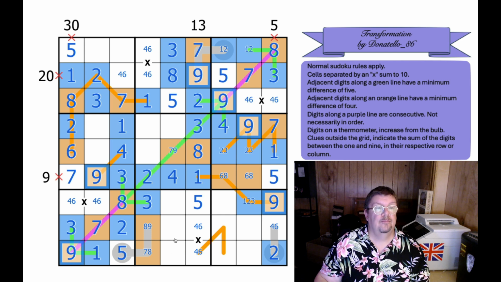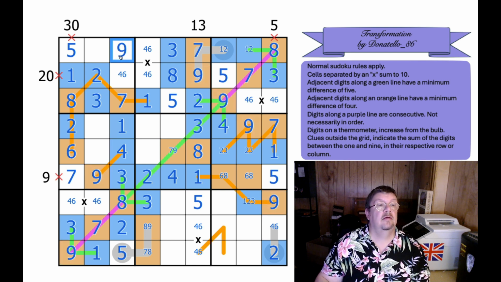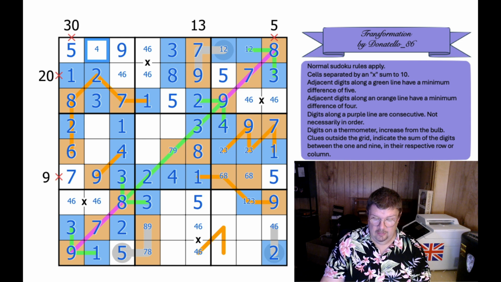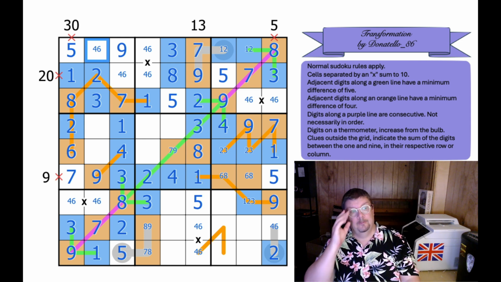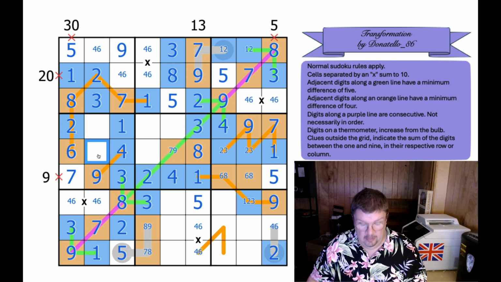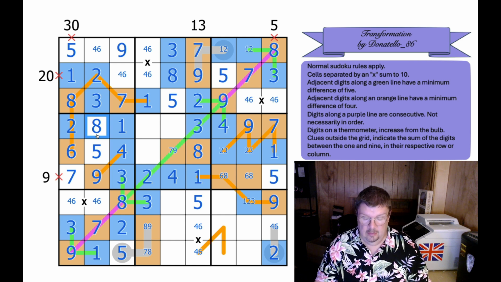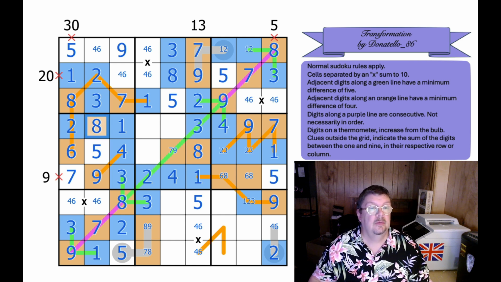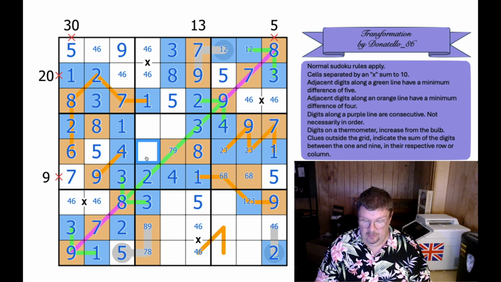Well, I can place a 9 here. So that's a 4 or 6. That gives me a 4, 6 pair in the column. So this is 5 and 8, and we can order those. There we go. So that is a 7 or a 9.